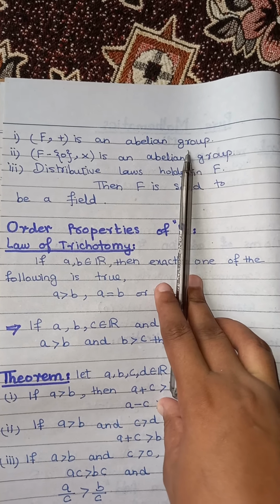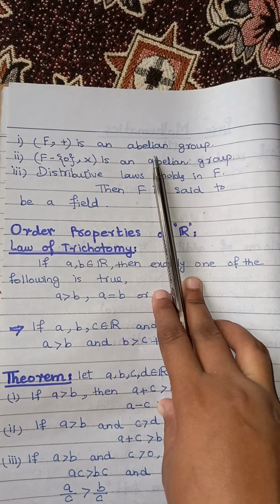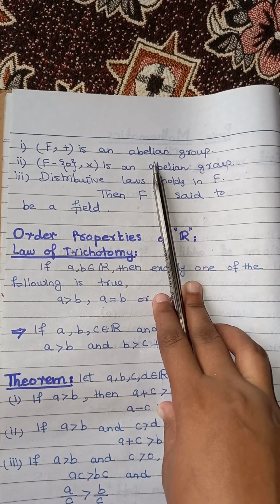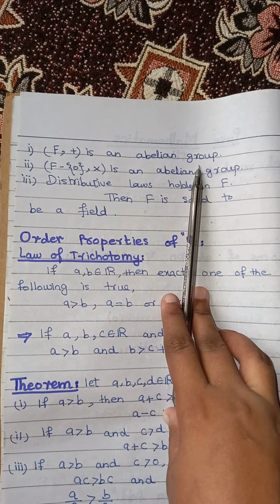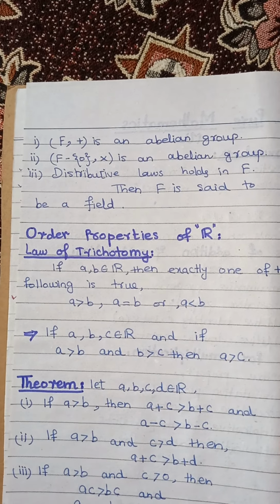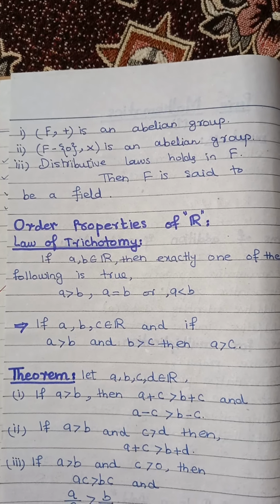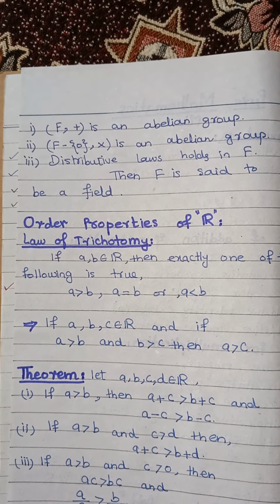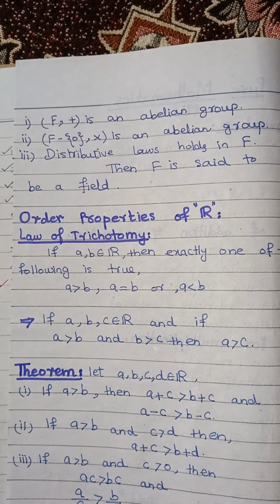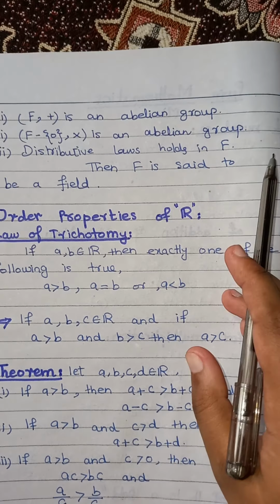I will discuss this in further detail in the group theory course, but here we just have to know what basically a group is. I told you that first of all closure, then associative, then identity and inverse, and then if the commutative property holds, we get an abelian group.